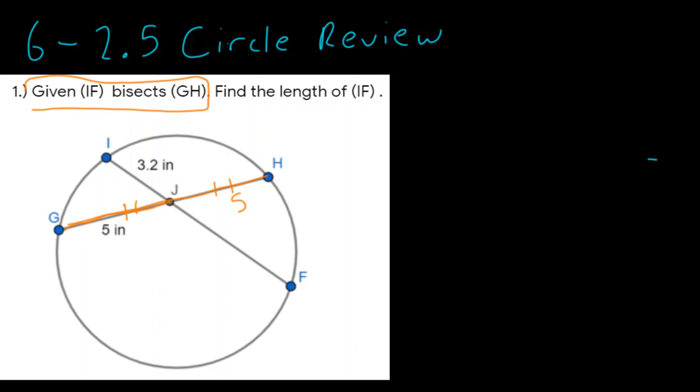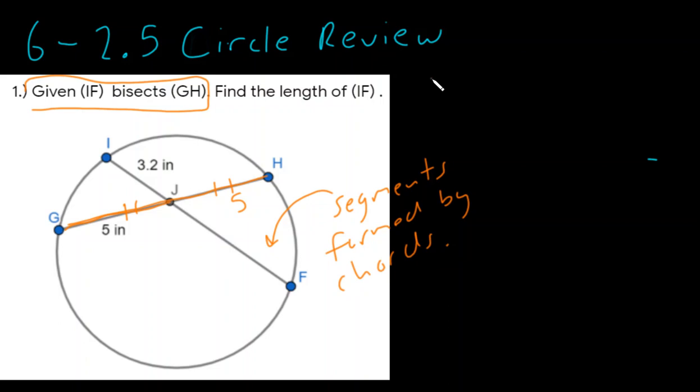Now from here, what type of problem am I dealing with? Well, we could say that these are segments formed by chords. Now they could be chords or diameters, but as long as both lines are completely contained within the circle, we really have this formula.